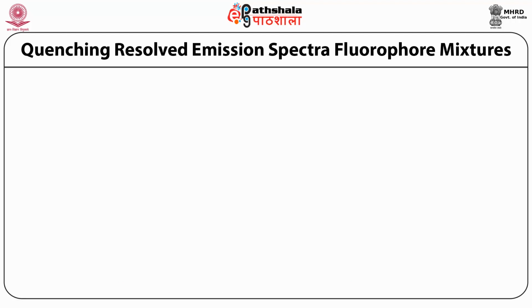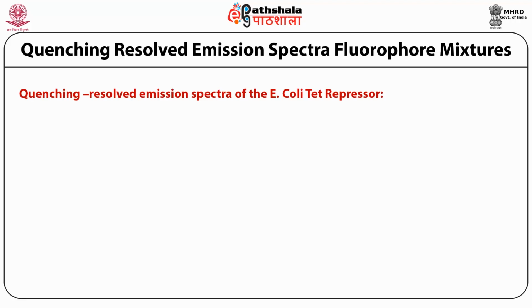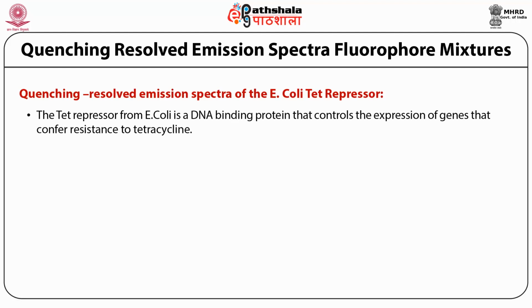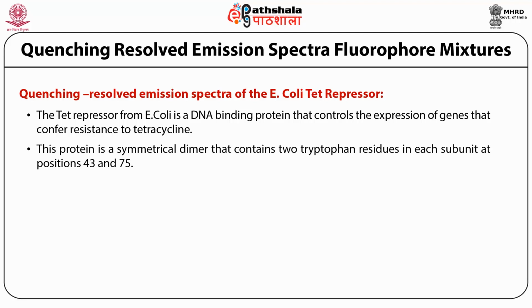This has been experimented with in the resolved emission spectra of the E. coli TET repressor. The TET repressor from E. coli is a DNA binding protein that controls the expression of genes that confer resistance to tetracycline. This protein is a symmetrical dimer that contains two tryptophan residues in each subunit, at positions 43 and 75.